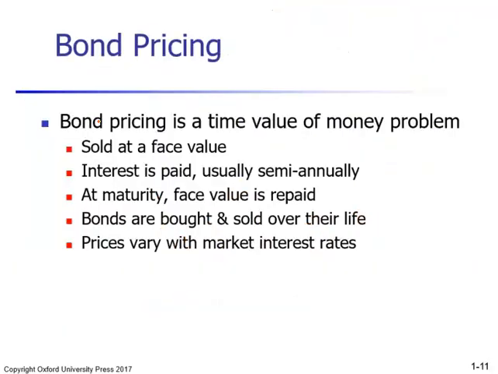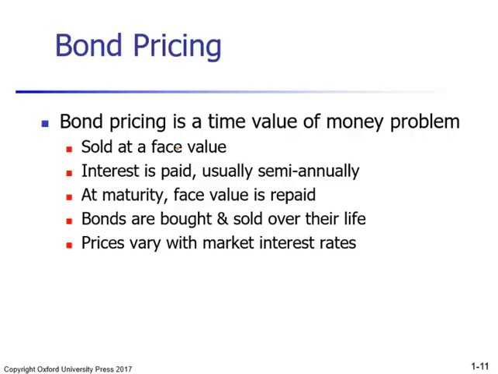Okay, here now for this slide, we are going to do a quick review of the things. As I said, bond pricing is a time value of money problem that you already know about. And the bond now makes the situation more realistic.